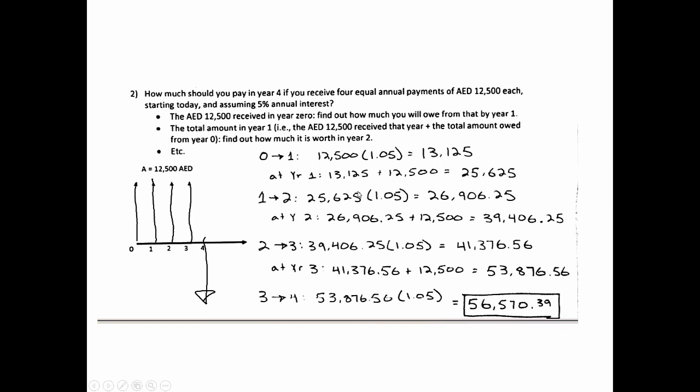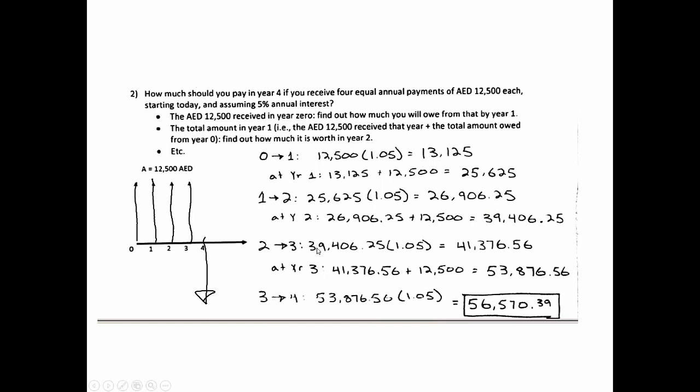Okay, so now we take that amount in year 1 and move it to year 2. We want to find this balance when the interest accumulates during that 1-year period, how much is owed at the end of the second year. It turns out that it's 26,906. So that's the value of the 2 payments you've received so far.